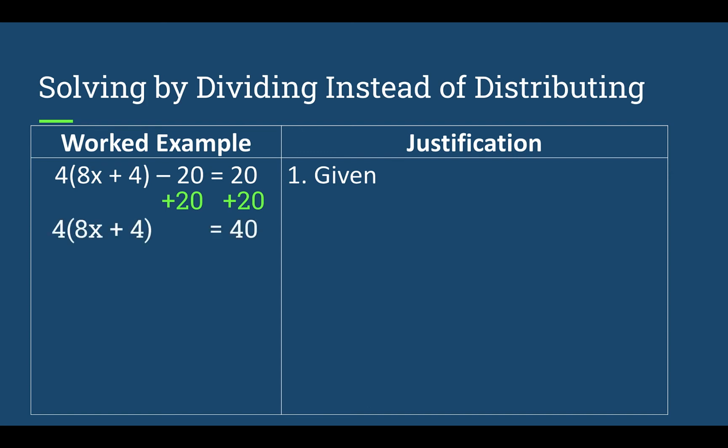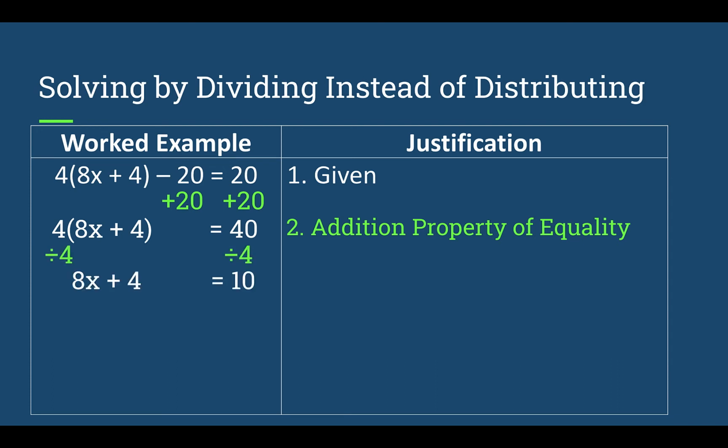Now I have the distributive part equal to 40, and I did the addition property of equality to get there. So this time, instead of distributing, I'm going to divide. So that's showing multiplication, so I'm going to divide by 4. I end up with what was inside, 8x plus 4, and then 40 divided by 4 is 10.